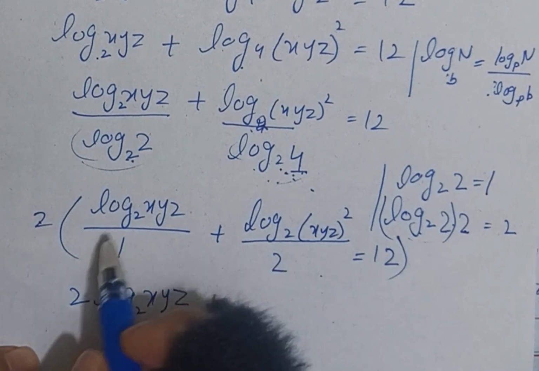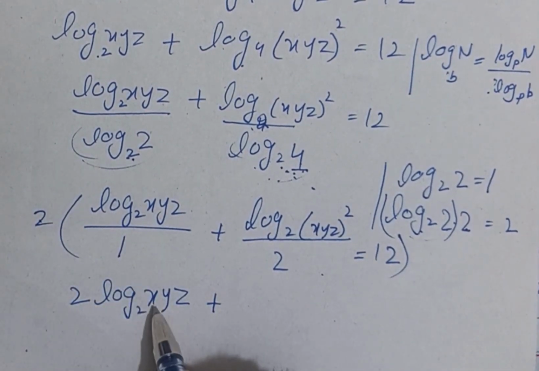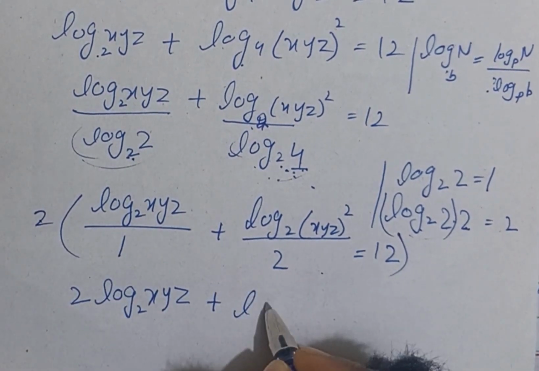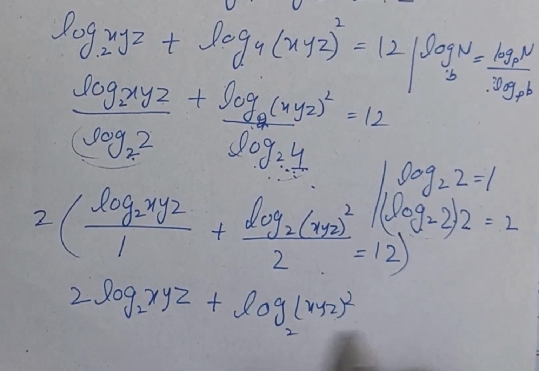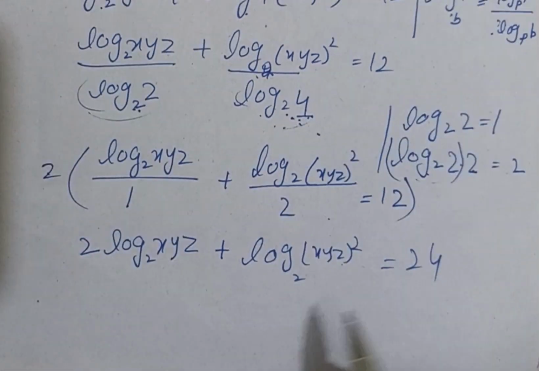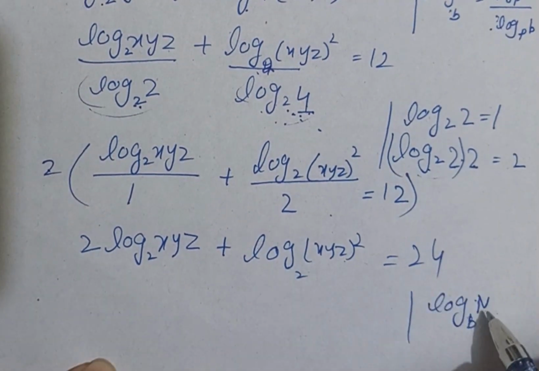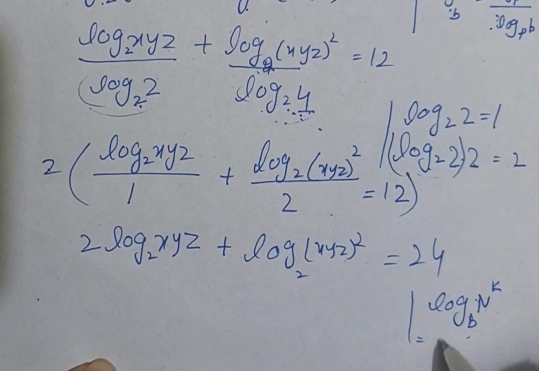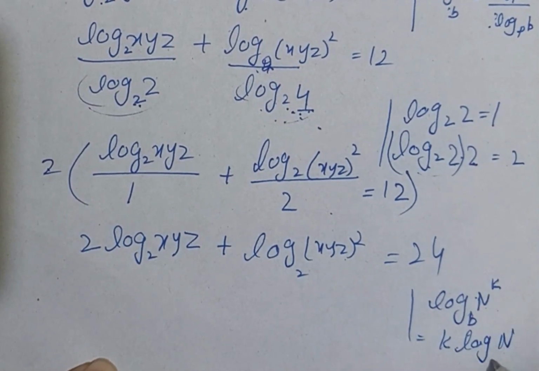Now in the next step, we multiply this equation by 2. So this will become 2 times log of the product of x, y, z with base 2 plus, this 2 and 2 will cancel, we just get log of the product of x, y, z whole square with base 2, and 2 multiplied by 12 is 24. Now in the next step, we apply a property on the second term: n raised to power k with base b is equal to k times log n with base b.